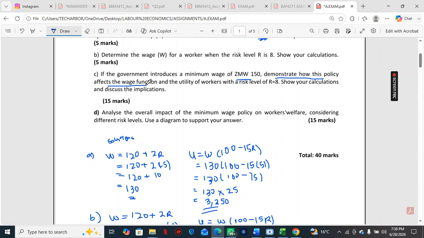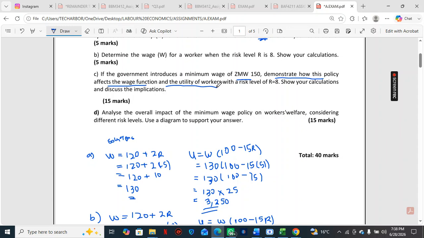It increases the wage function, and that is a benefit to the workers. And how this policy affects the utility of workers. Now, even though the workers have got a higher pay, because the risk is still the same, their satisfaction is still going to drop.